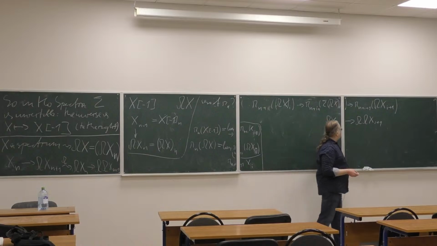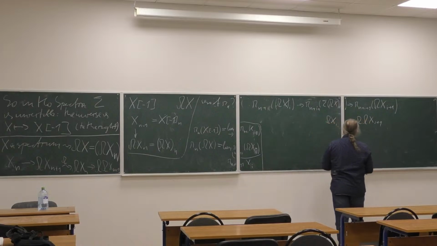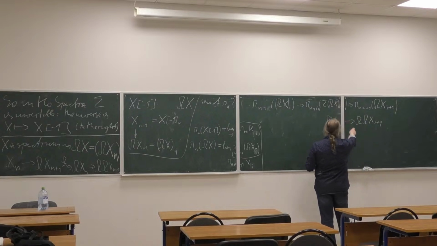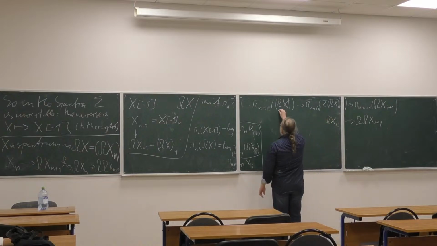So if we swap sigma for omega, we get this. Now this is isomorphic to pi n plus i plus 1 of x i.